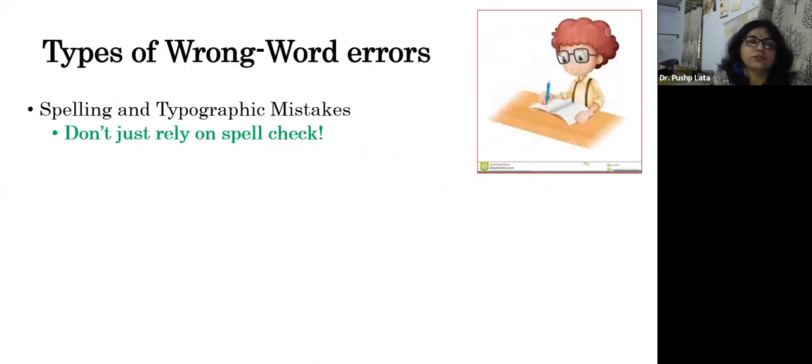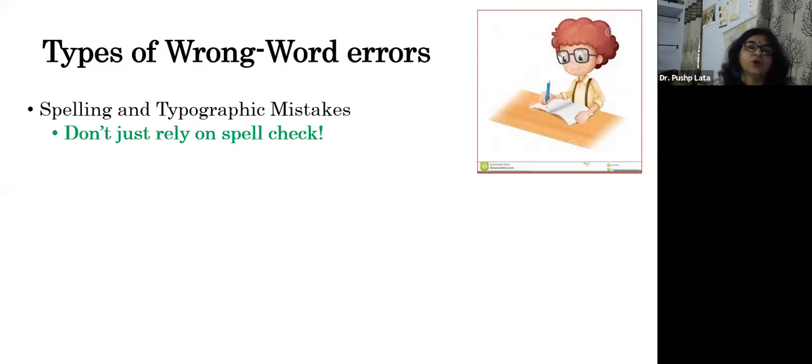Type of wrong words. One could be that we are using wrong spellings, wrong typographic, somewhere we have used Times New Roman, other times we are using Georgia, third time we are using German. So please check it, triple check it, that in the entire document, if you have been asked to use Times New Roman 12, check on that.